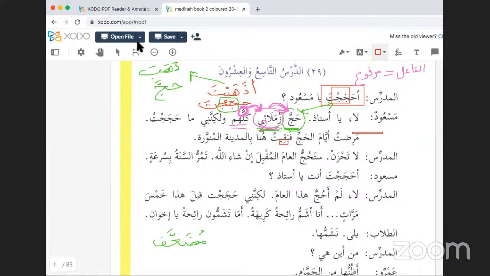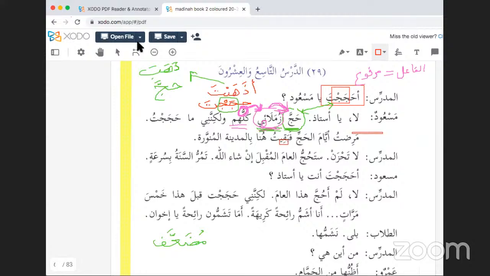Good. لا تحزن. حزن يحزن، تحزن نحزن أحزن, are all in the present tense. Then he had lam and la al-nahiya, la tahzan. Don't be sad that you were sick and your colleagues went and you didn't go. You stayed in Medina. He said, satahujju.